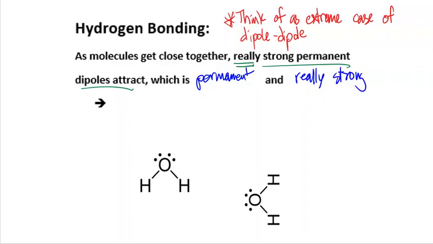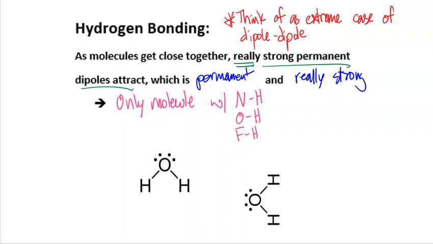So for something to have these really, really strong permanent dipoles, we have to have some specific criteria that are met. And so that criteria, first off, is that you have to have a hydrogen, right? Hence hydrogen bonding. And that hydrogen has to be connected on one molecule to an oxygen, a nitrogen, or a fluorine. So that's the first part, that we have to have a molecule. So let's write that out, that we can have a molecule that has an NH bond, an OH bond, or an FH bond.